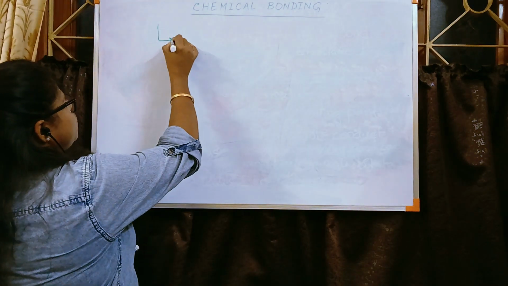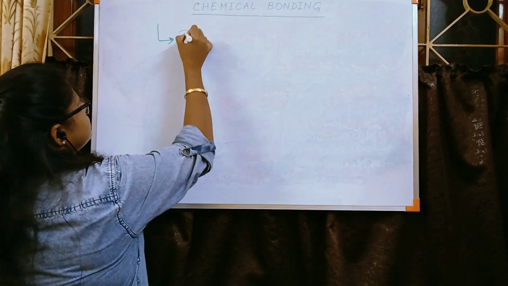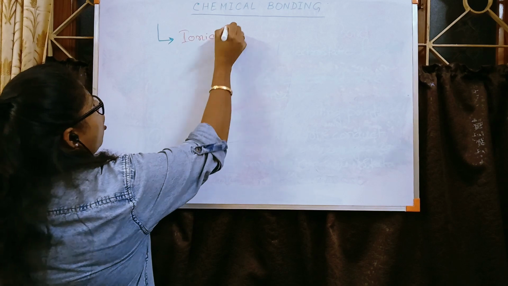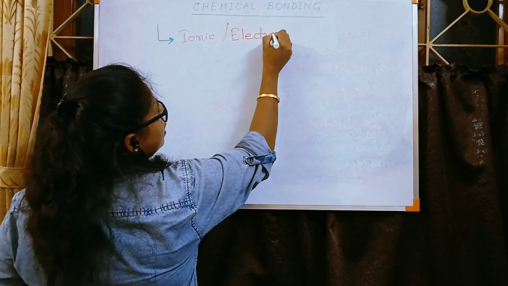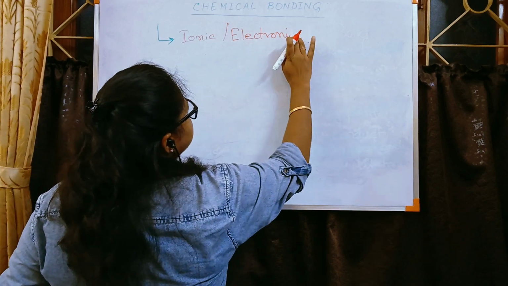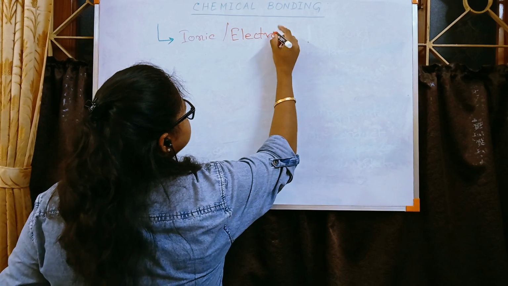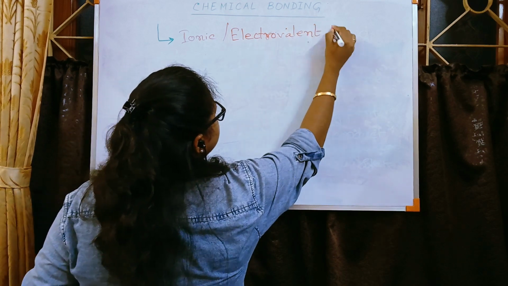The first one, ionic or electrovalent bond. This type of bond has two names: ionic bond and electrovalent bond.